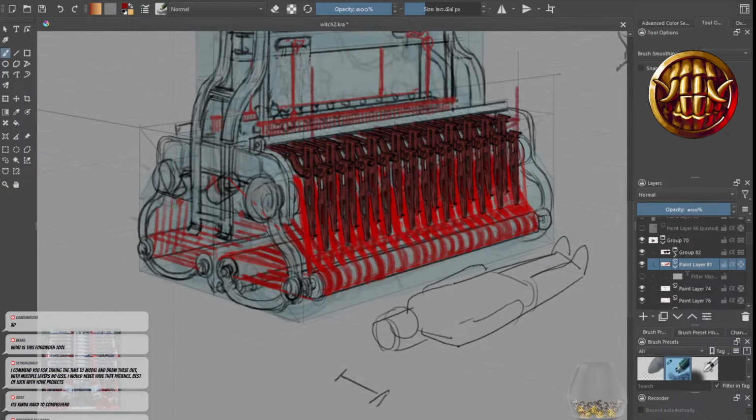And then we have the part that goes all the way up there. This is going to be a complete mess.